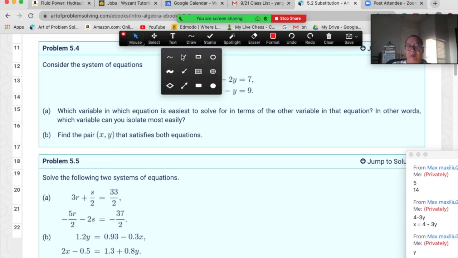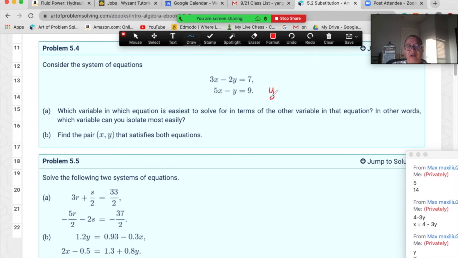From here, you can get y equals 5x minus 9 from this equation, right? So both sides plus y, you get 5x equals y plus 9. Then both sides minus 9, you get this.